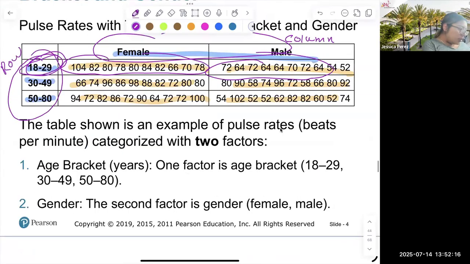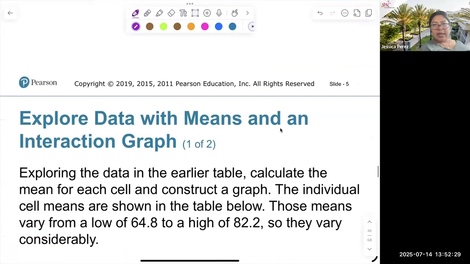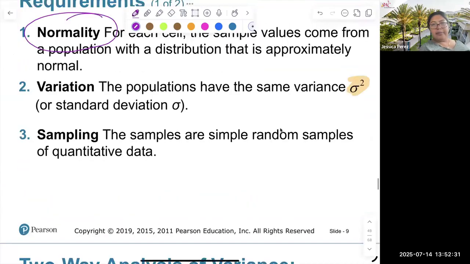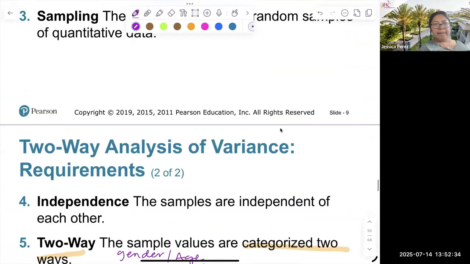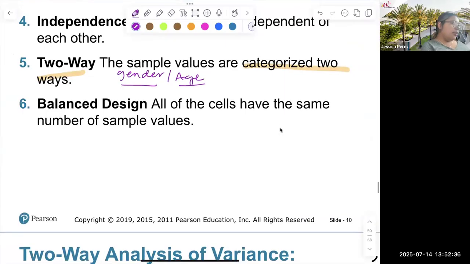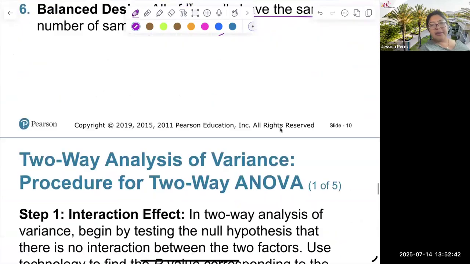We have 1, 2, 3, 4, 5, 6, 7, 8, 9, 10, and the same for the other cells. Yes, they all have the same size. It's a balanced design. All of the cells have the same number of values. They each have 10 values.